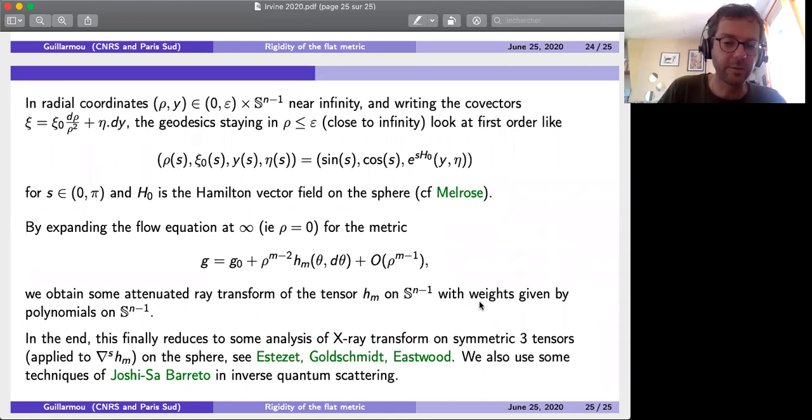And the weights in the attenuation are given by basically two polynomials. And in the end, what is quite interesting is that finally the result reduces to a result on the analysis of the kernel, or injectivity, if you want, of the X-ray transform on symmetric 3 tensors on the canonical sphere. And this was analyzed by Estezet in the 80s, or Goldschmidt, or Zworski.